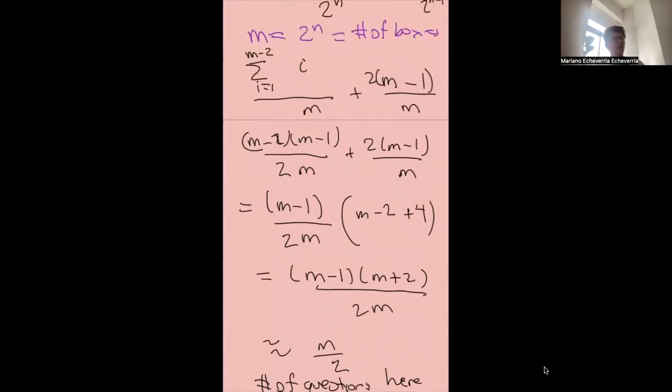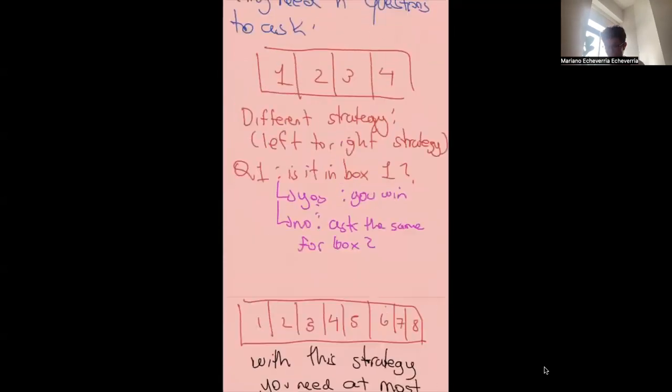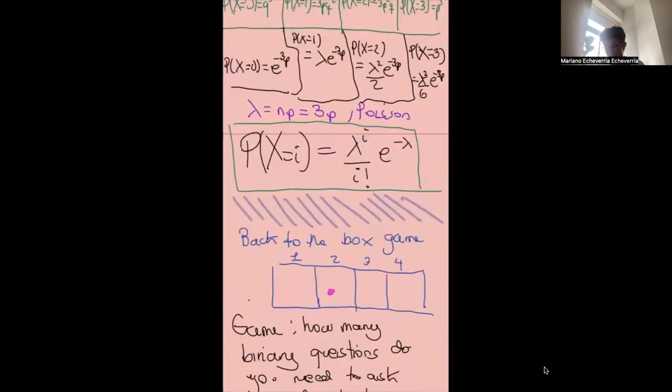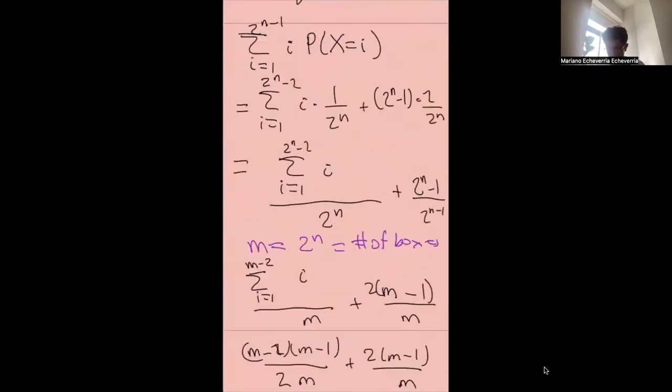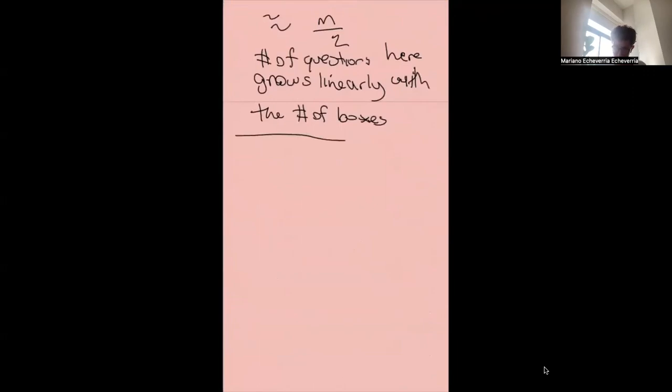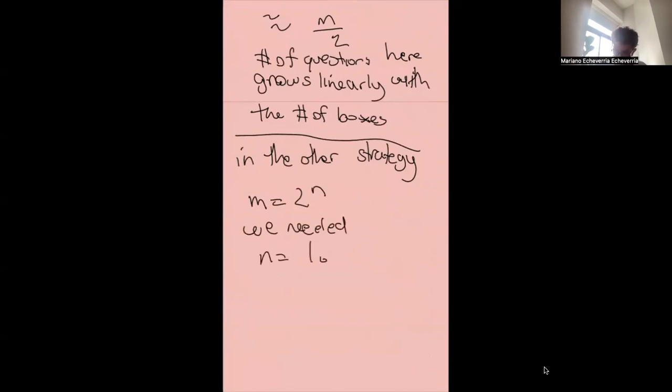But in the other strategy, where m is 2 to the n, we needed n questions, which is the log base 2 of m. So that grows logarithmically.